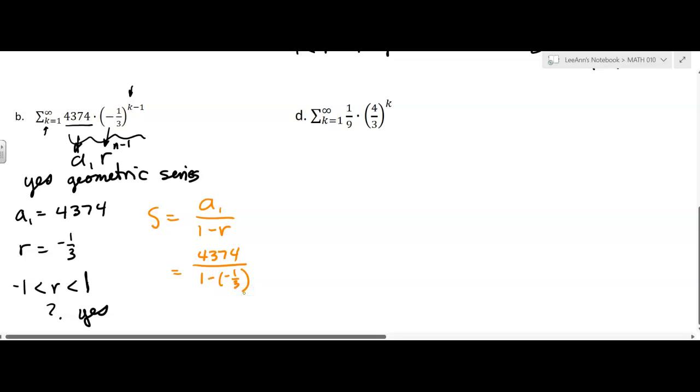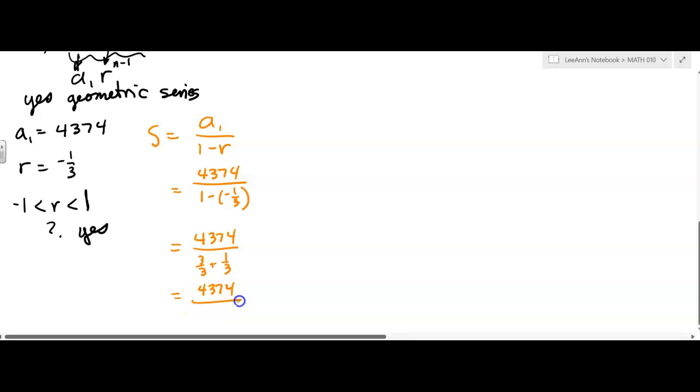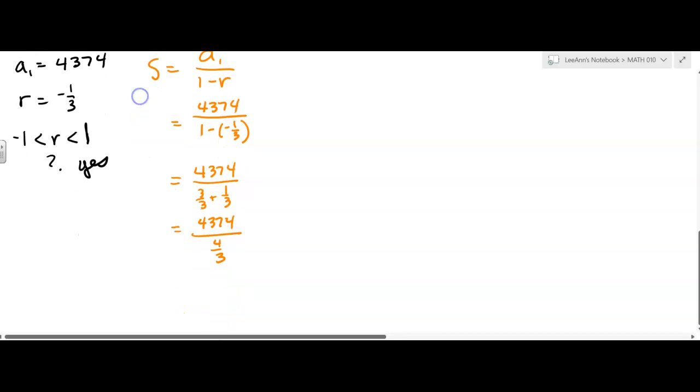Okay, now if I don't want to put that in a calculator, and I don't really want to, I can say it's 4,374 over, think of it as 3/3 plus 1/3. You can do it that way. And that's going to be 4,374 over 4/3. So invert and multiply.